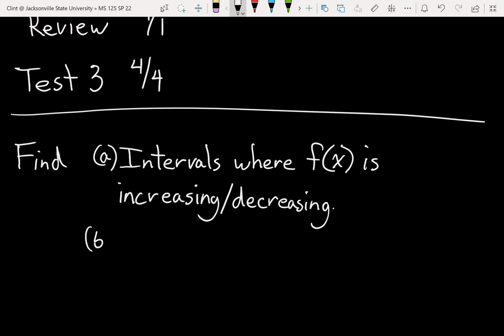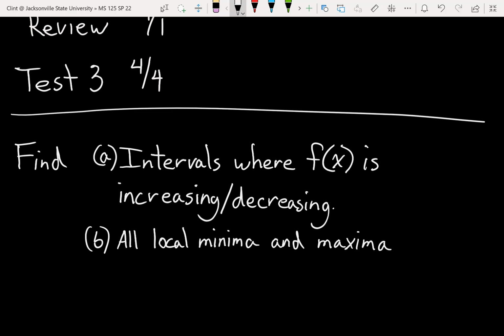We want to know all local minima and maxima. And we may have multiples, we may have none.